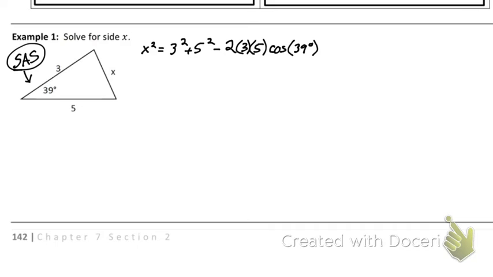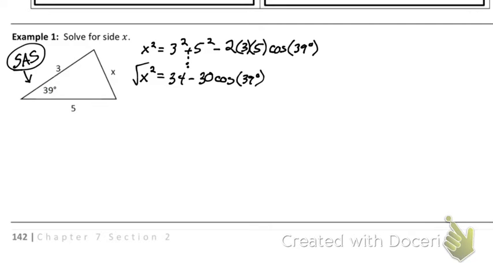So we have x squared equals that. I simplified it just a little bit because you can plug a whole bunch of stuff into your calculator. So I had x squared equals 34 minus 30 times cosine of 39 degrees.